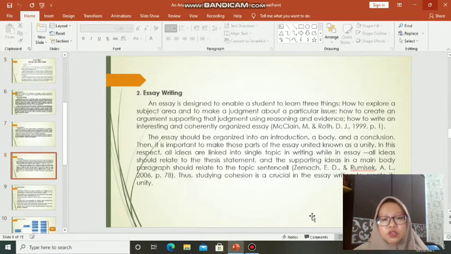Then it is important to make those parts of the essay united, known as unity. In this respect, all ideas are linked into a single topic in writing, while in an essay, all ideas should relate to the thesis statement, and the supporting ideas in the main body paragraphs should relate to the topic sentence. Thus, studying cohesion is crucial in essay writing to create its unity.